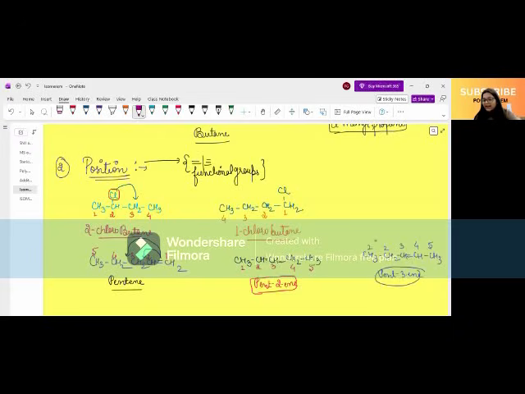Should I call it that? Reason: my numbering will be from the back. So again, it is at the second carbon. So again, there are only 2 isomers possible, pent-1-ene and pent-2-ene. I hope position isomerism is also clear.